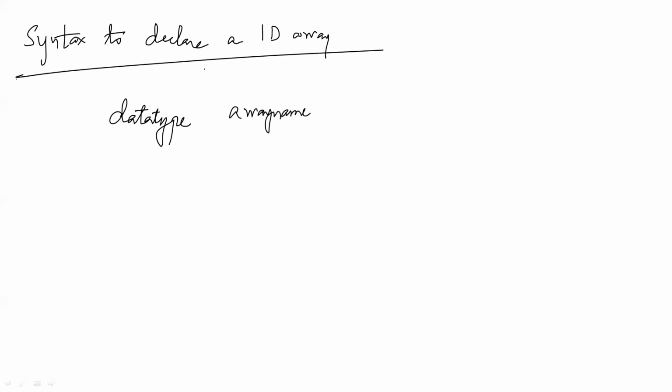Now, if I write array name, will it become an array? No. So I have to specify the required number of values. Better, it should be a positive integer greater than 1, because if I say 1, then it is nothing but a single value.